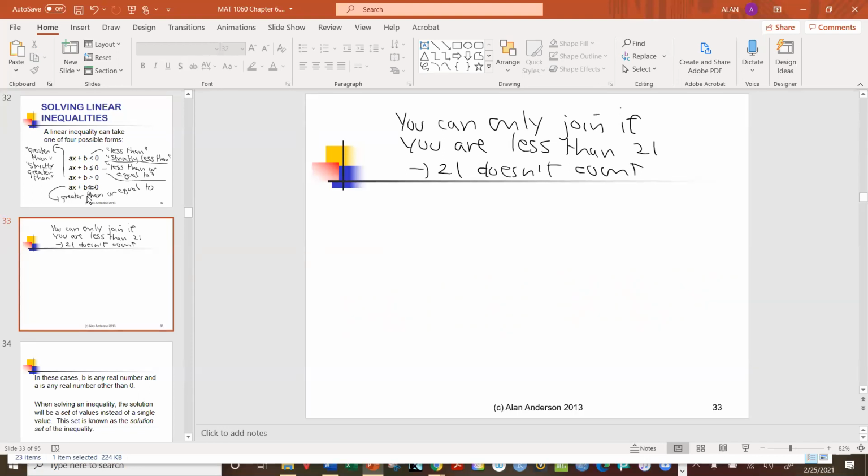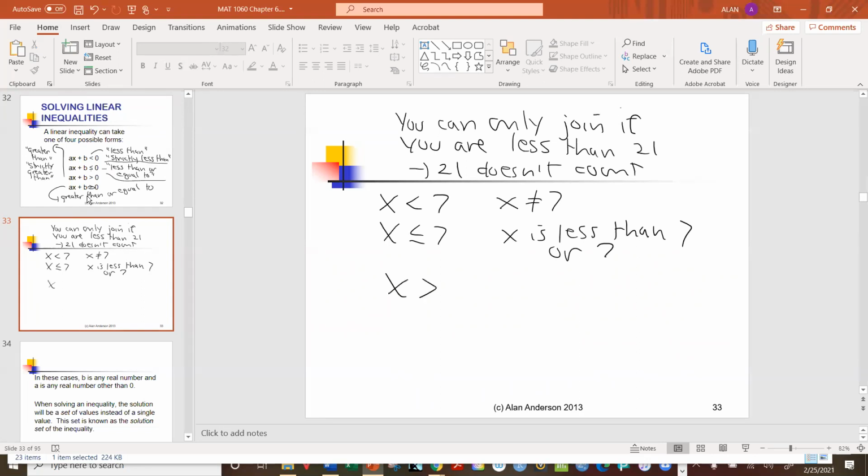Or if I tell you that X is less than 7, that means that X cannot equal 7. But here, X can be less than 7 or 7. In other words, it can be 7.